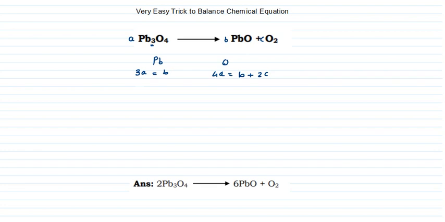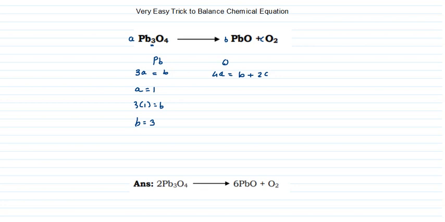Now you have to take A is equal to 1. If I put A as 1 in this equation, your B is 3. So now you get another value, B is equal to 3. Now put both values in this equation.